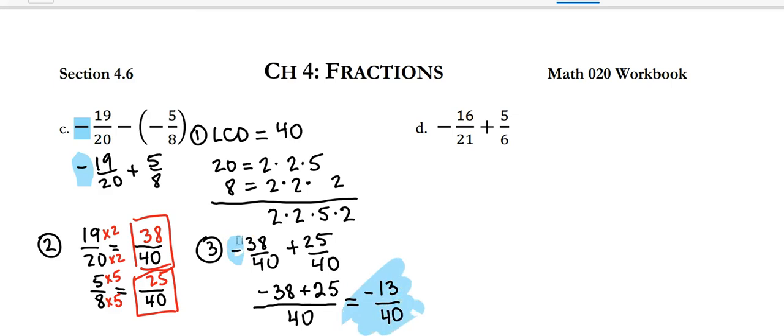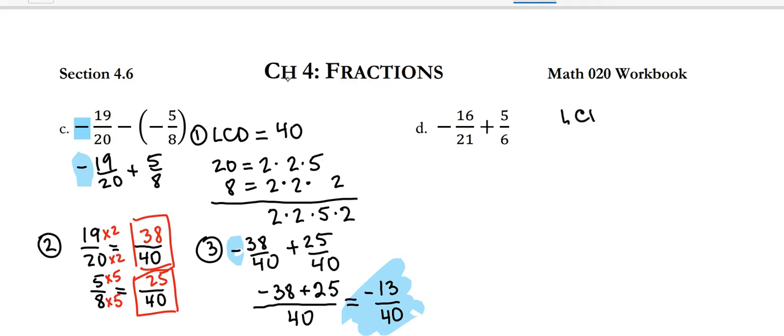Okay, quite a few steps in this problem. So we're moving on to the next one, the last one. Part D, you have negative 16 over 21 plus 5 over 6. So let's go ahead and start with the LCD between 21 and 6.